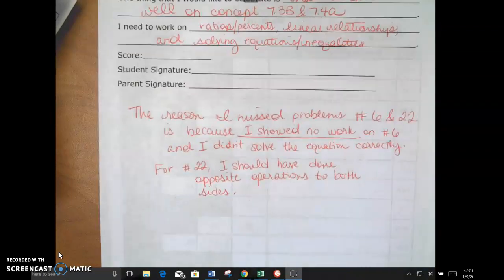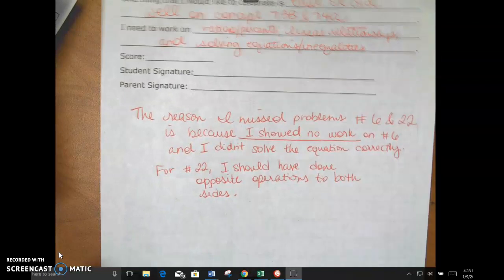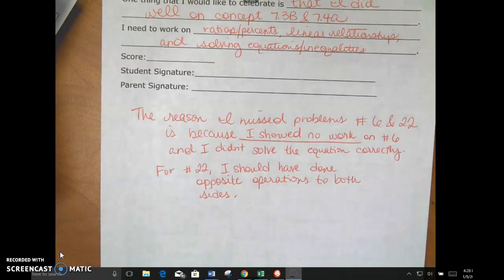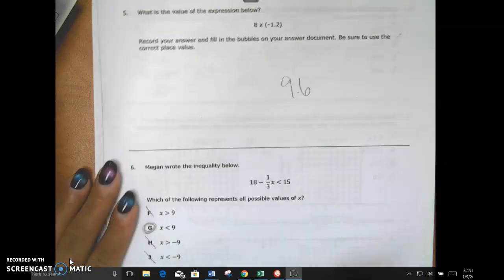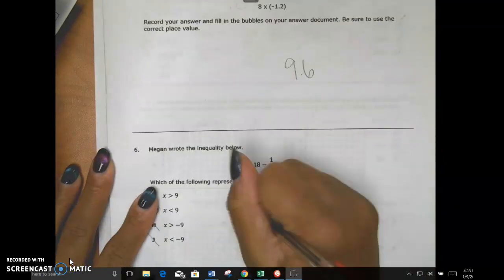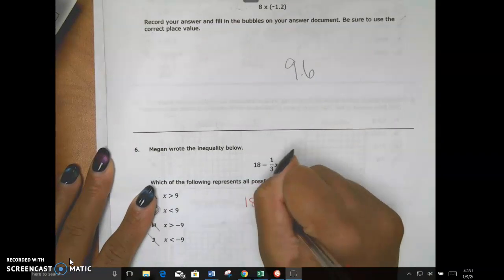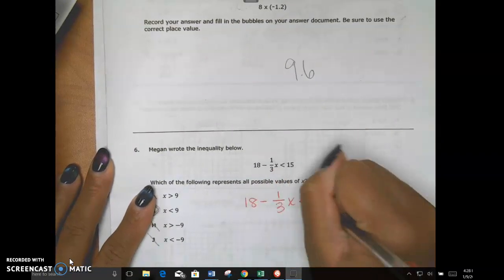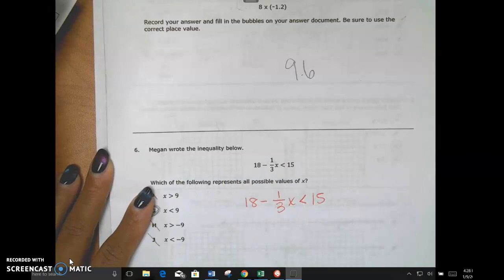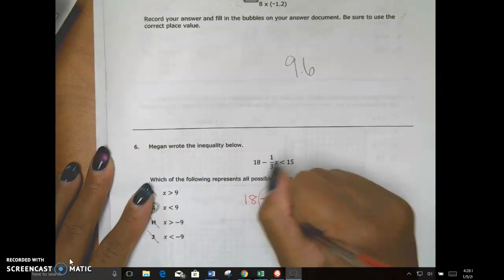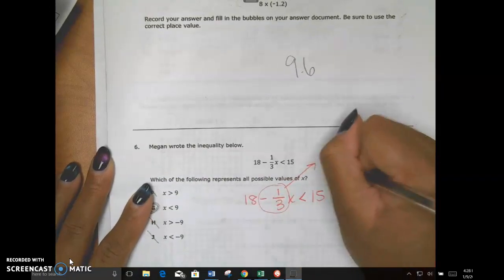That's a start. Now for question 6, when I go and correct that, again, there's no work here. Rewrite the problem, 18 minus 1/3 x less than or equal to 15. This is important here. I have a negative coefficient.